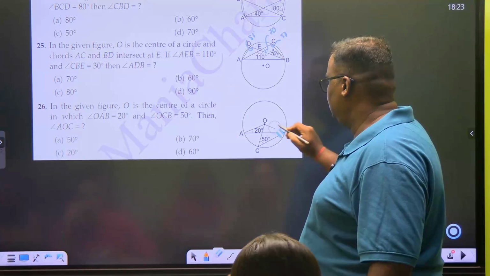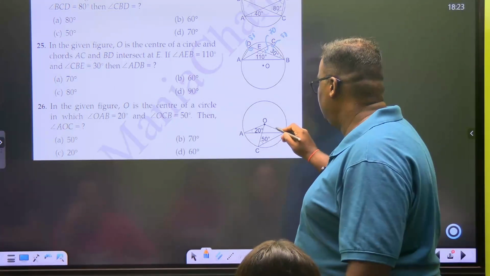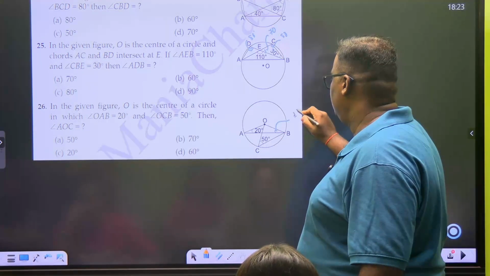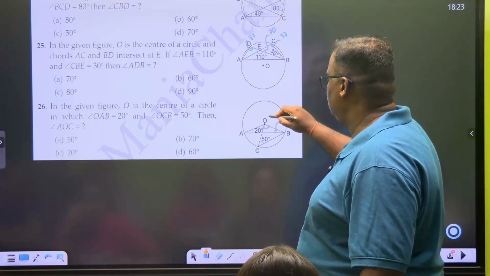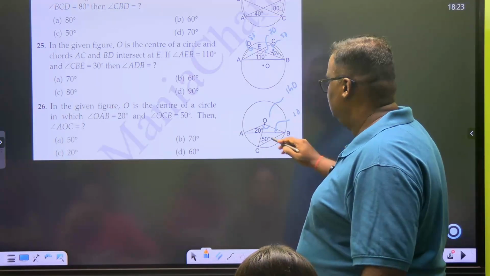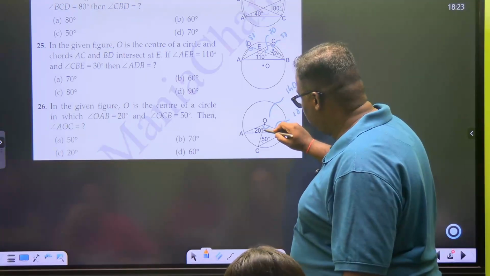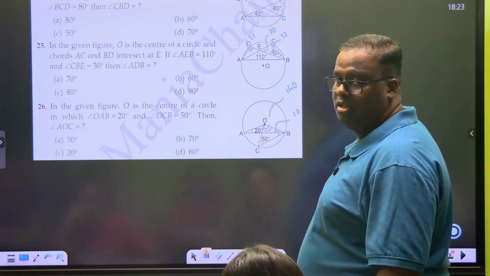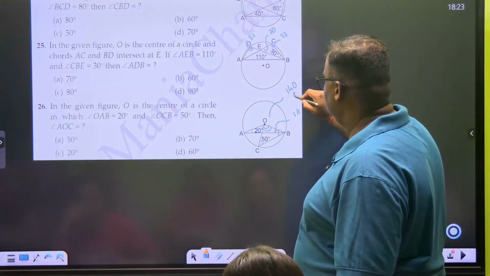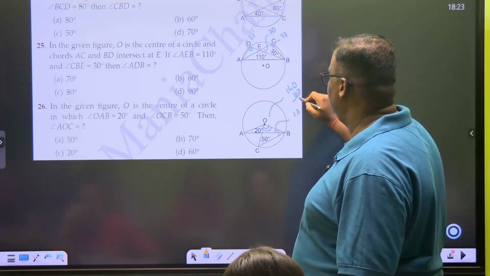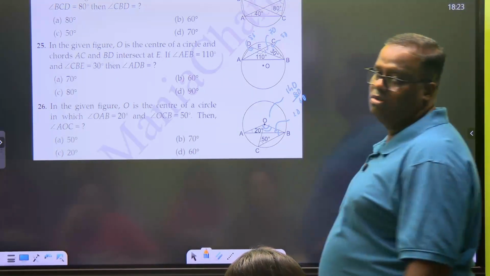This is 20, this is 20. This is 20, this is 20. Agreed? Then the whole angle is how much? 140. This is 50. This whole angle is 50. Then this much portion is how much? 50, 50, 100, 80. So this is 80. Now subtract 80 from 140, it will give you 60.